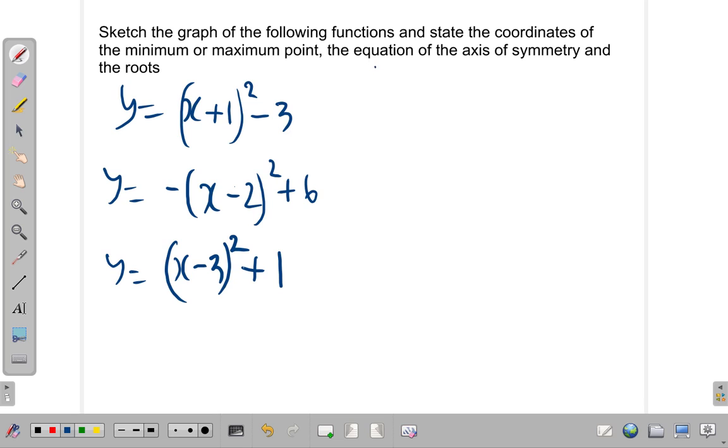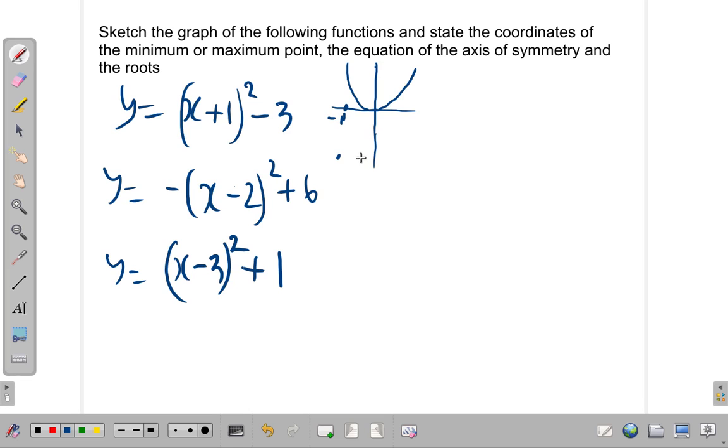you can see here that if you take y equals x squared, let's say this is y equals x squared, this graph x plus 1 squared should represent shifting the graph horizontally 1 unit to the left. So it should be lined up with -1 and -3, which is 3 units down.